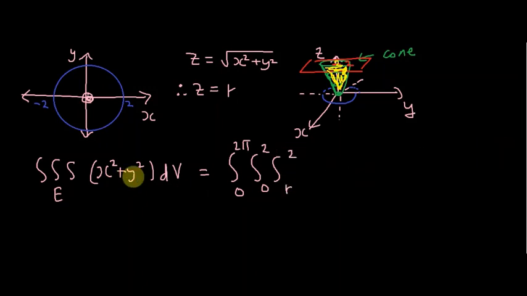And of course, x squared plus y squared is r squared. Then we also need the magic factor, which of course is r for cylindrical coordinates. And then of course, we have dz, because our projection is onto the xy plane, dz dr d theta. And we just evaluate this in the usual way.